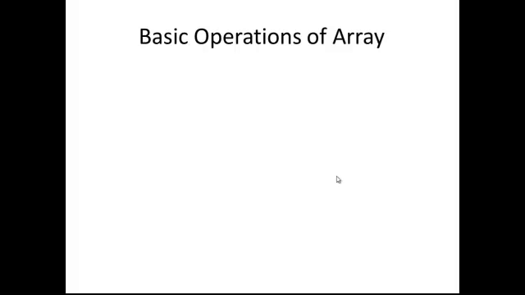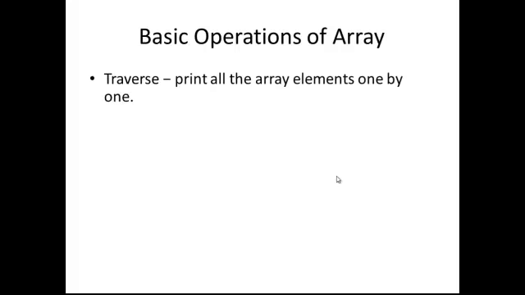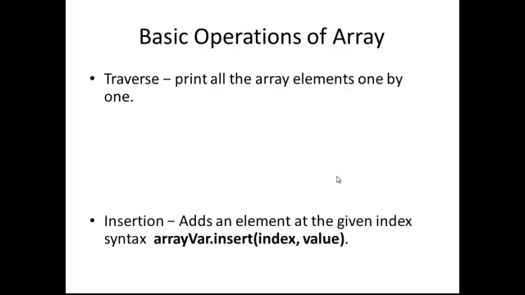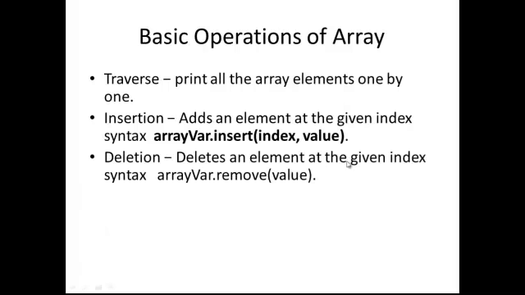Now, what types of operations do we perform in an array? Traversing of the array, where we can read all elements one by one from the collection. Insertion, where we can add elements in the array by specifying its index followed by the value.